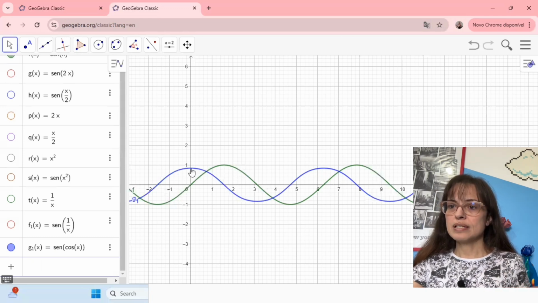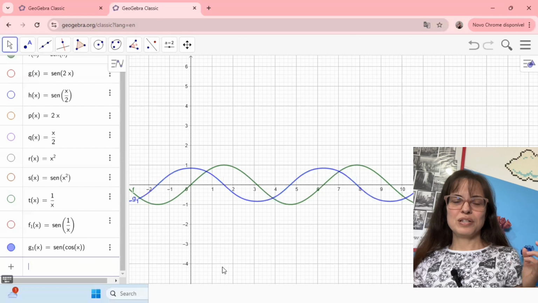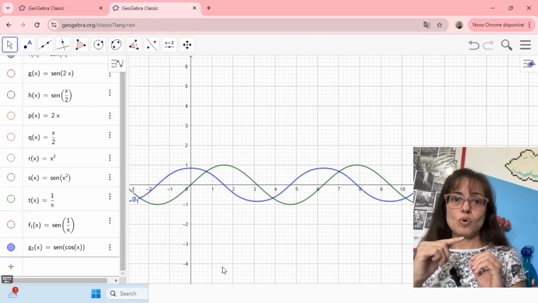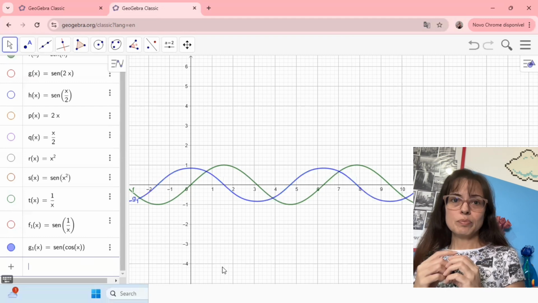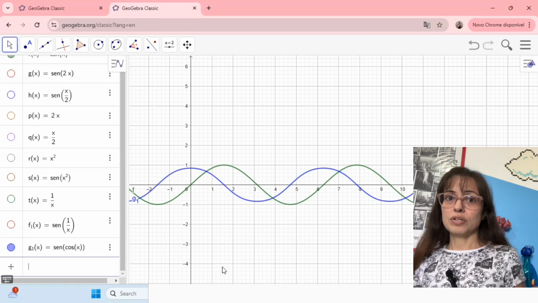Also, its maximum is not quite at 1, because in this case you have to think about domain and range of the inside function and the outside function of the composition. With the cosine inside, cosine only goes between -1 and 1 for range. So the numbers that are going inside of the sine function are only numbers between -1 and 1.